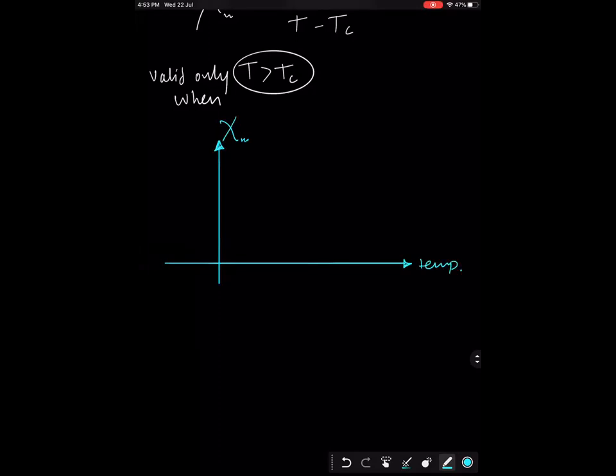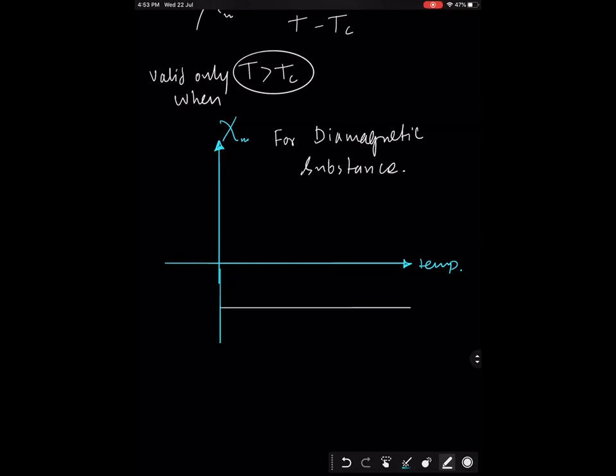As I already told you, the value of chi for a diamagnetic substance is negative, right? So it is independent of temperature. See this, for a diamagnetic substance. That's why diamagnetic substances are perfectly fit to make bullet trains, because they are independent of temperature. You make any change in the temperature, the susceptibility of a diamagnetic substance will remain unchanged.